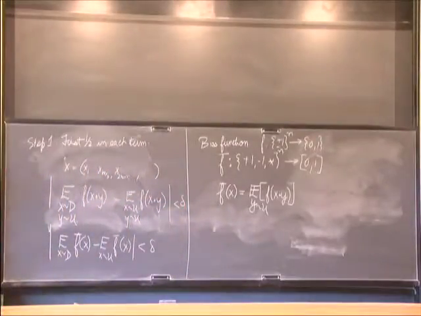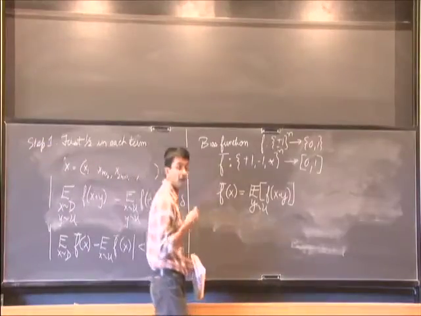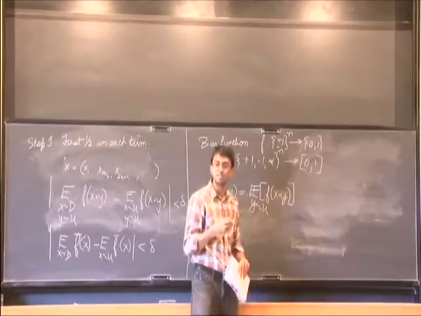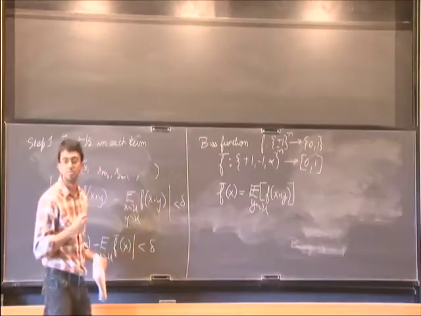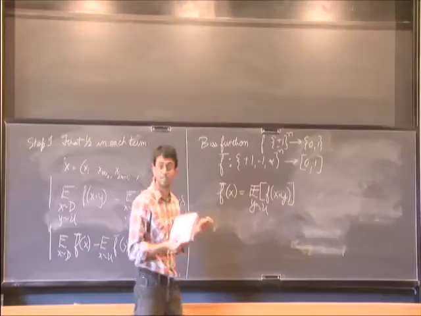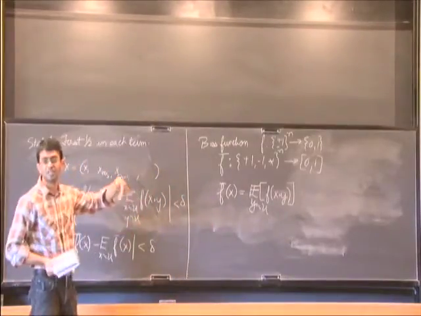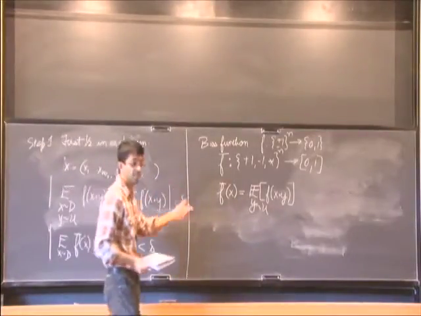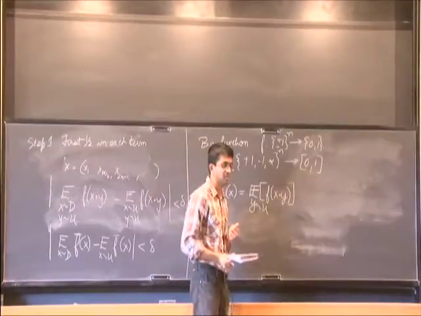And my claim is that this bias function actually simplifies quite considerably under a random restriction. When you set half the variables at random, the bias function you get can actually be fooled by epsilon bias spaces.